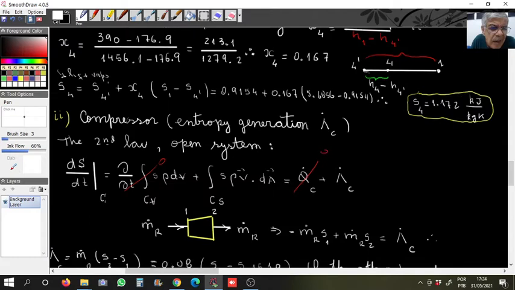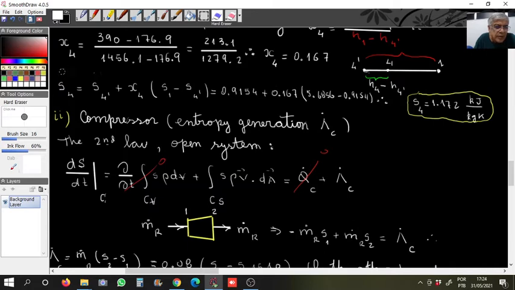At 4 prime, I have only liquid. At state 1, I have only vapor. But 4 is between 4 prime and 1, that's why I have liquid plus vapor. Now I write it over here.